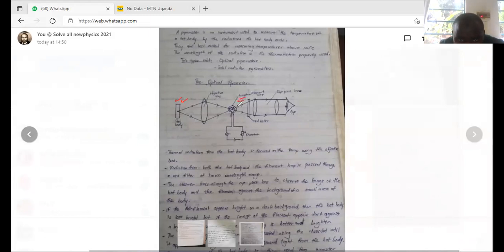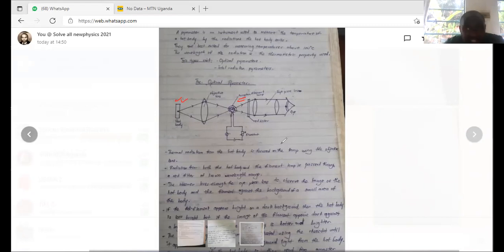This is a tungsten filament, a hot metal, which cannot easily reach its boiling point because it's a hard metal. And then after which it will be subjected to a filter, which will take it to the eyepiece, and then someone can be able to view the radiation. It can be in form of light, whereby it can be visible.